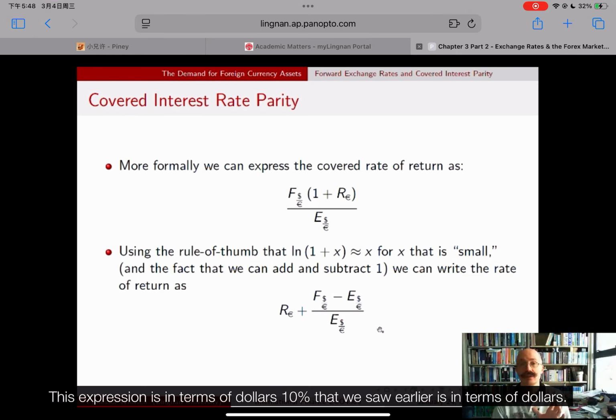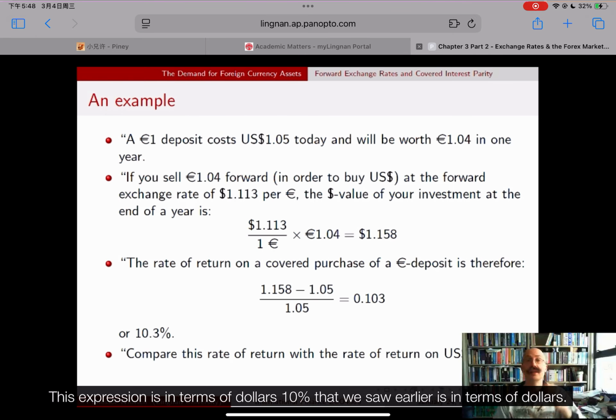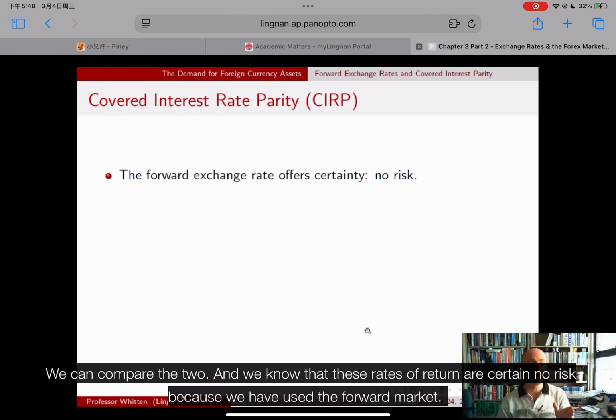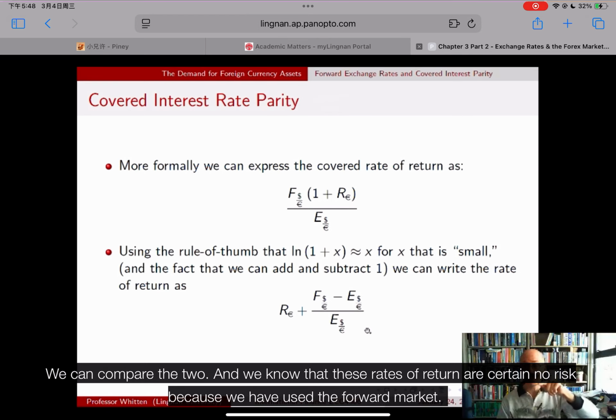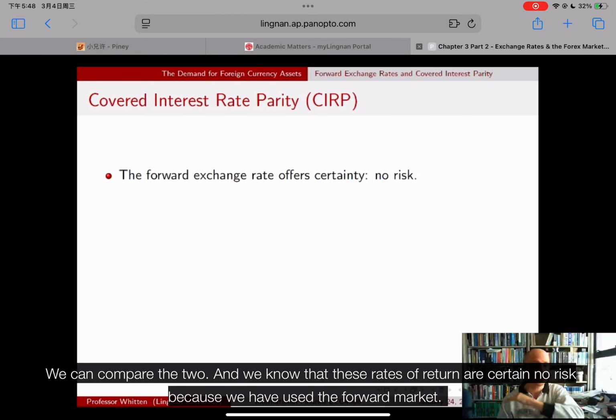This expression is in terms of dollars. 10% that we saw earlier is in terms of dollars. We can compare the two, and we know that these rates of return are certain, no risk, because we have used the forward market.